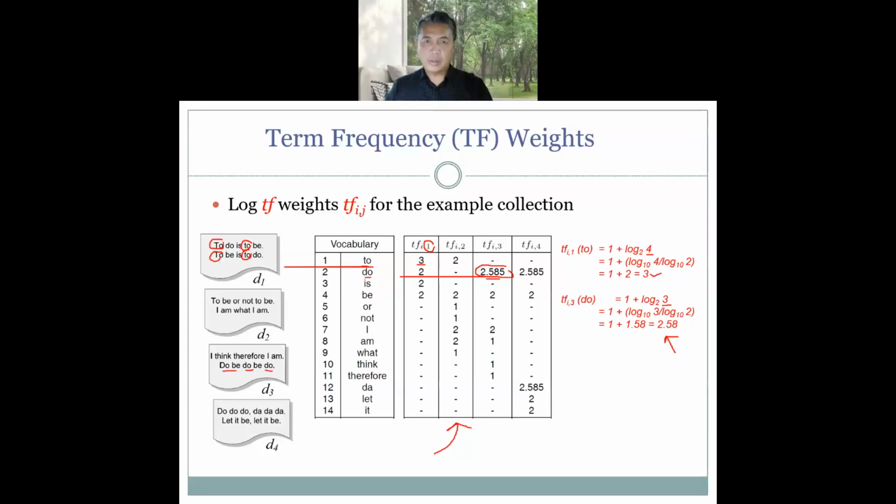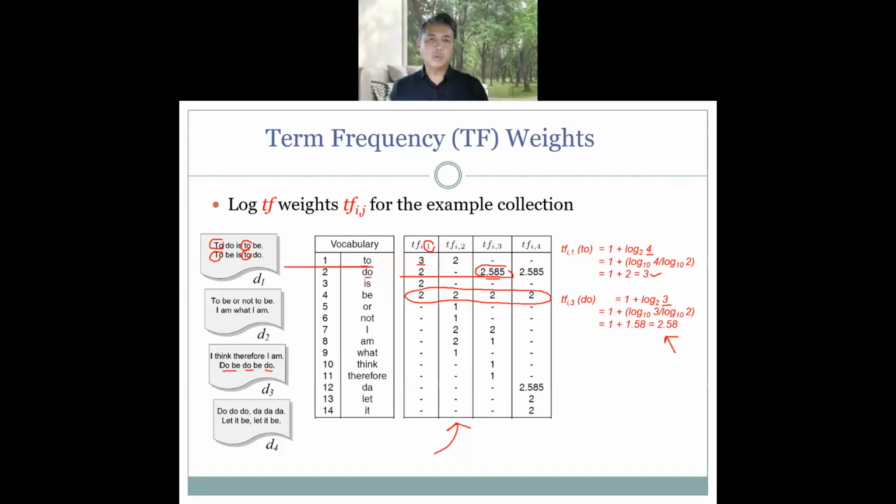So this is the weight that we have for each term in the vocabulary for all the documents that we have. But notice this value here: B exists in all of the documents.